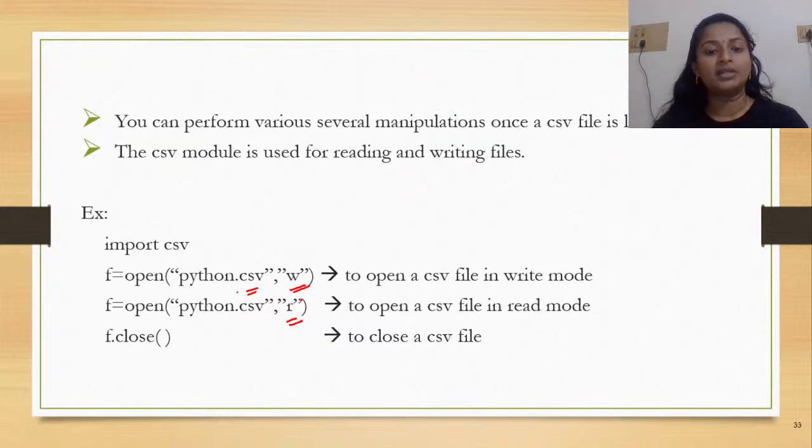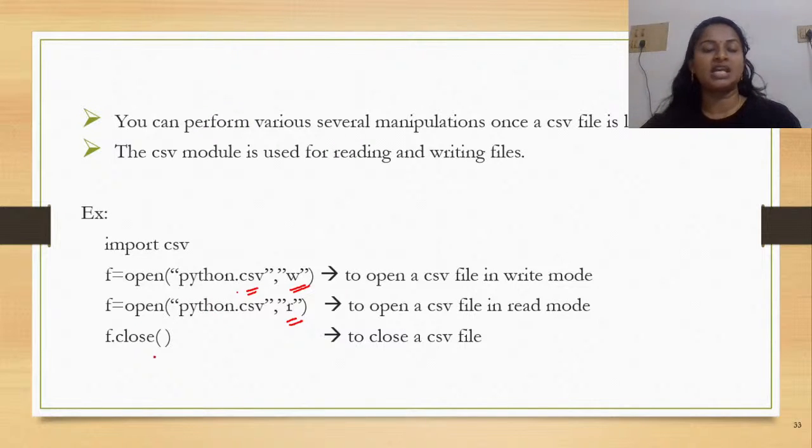It's not only the read or write mode. You can even open the file in all the modes that are available for text files, namely r, w, a, and also the plus versions like r+, w+, and a+. After the entire operations with respect to the files are over, what is the next final thing that you have to do? You have to close the file.